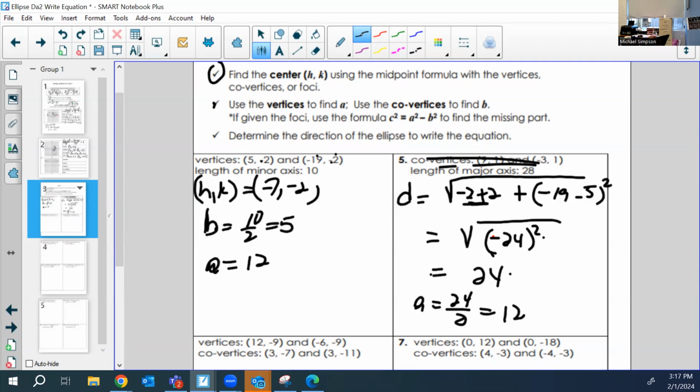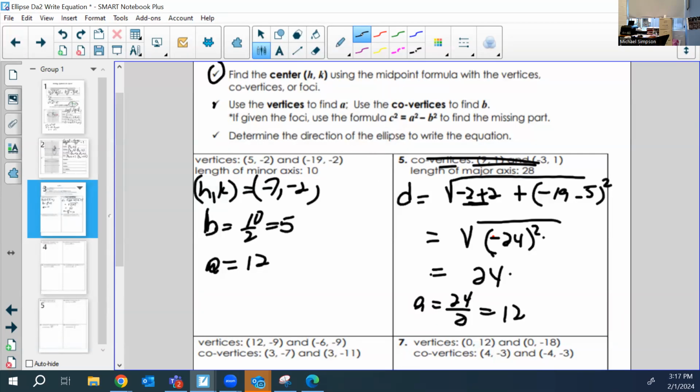Now, is the line between these two points going to be a horizontal line or a vertical line? I've got to figure out if this major axis is going to be horizontal or vertical. Well, I can look at the coordinates.